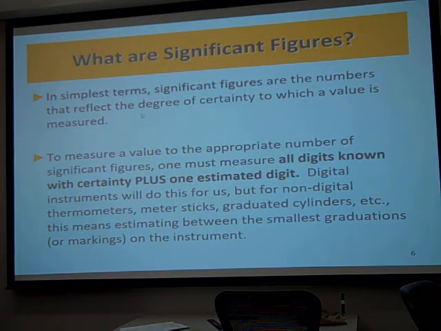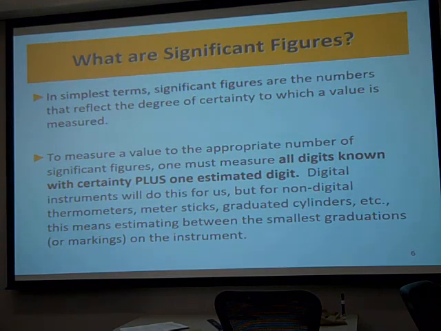So now, what are significant figures? Now that we have an idea of what measurements are and exact versus measured numbers, what are significant figures? Well, significant figures properly understood refers to the actual act of measuring. So, if you're actually measuring, significant figures means that you measure all digits that are known with certainty plus 1 estimated digit.